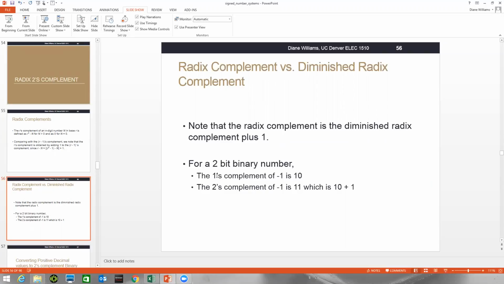So let's take a look at the 1's complement of -1, which is 1, 0. Remember we formed this before: we need at least 2 bits to represent this, a sign bit, so the sign is 1 for negative. It's 0 because we had to complement the 1.